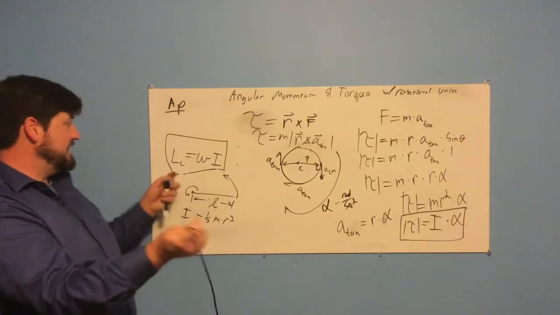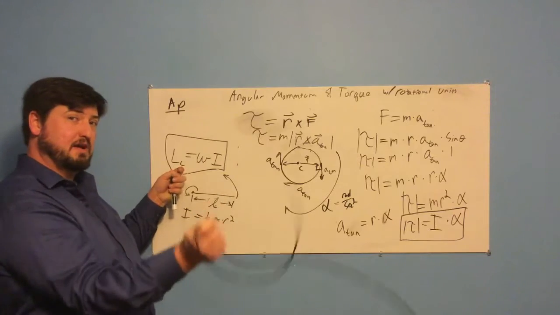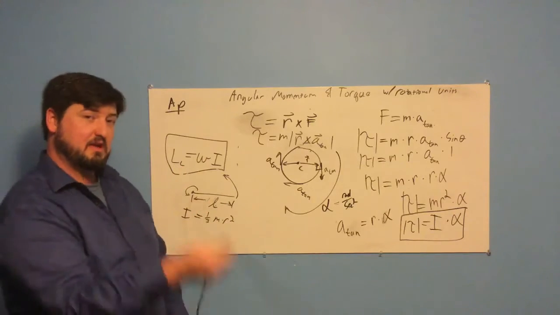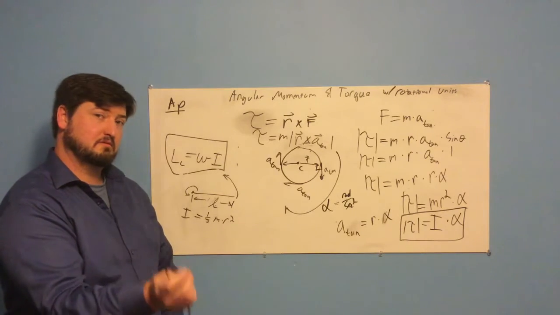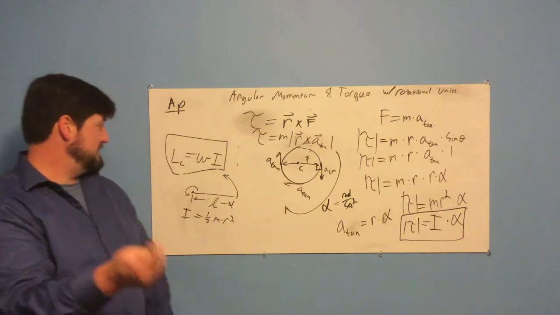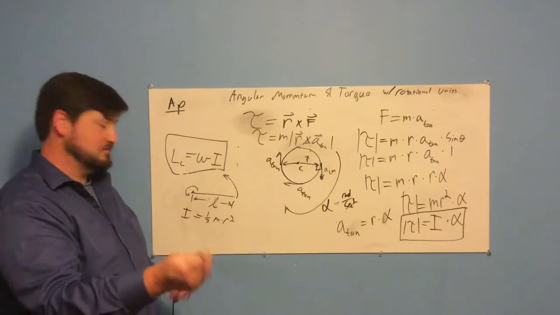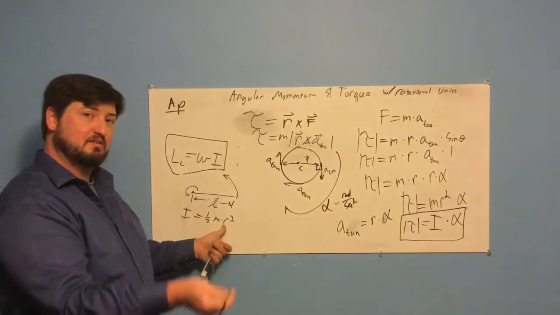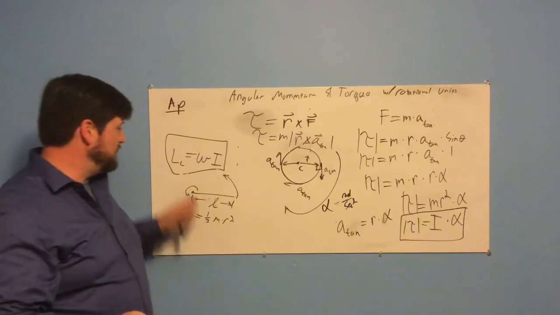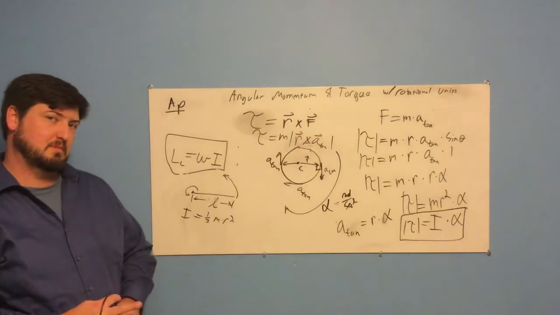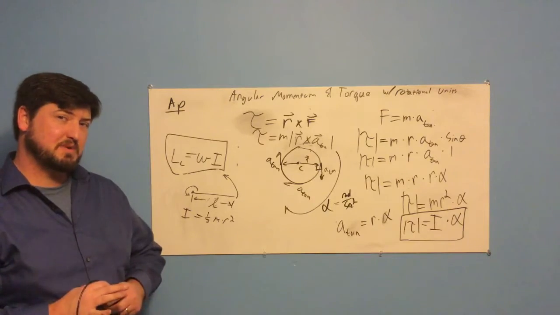Now, we said about the spin axis, the angular momentum about the center point is always conserved. So what happens if I change my radius? If I change my radius, I still have to end up with the same angular momentum. It has to be conserved about a spin axis.